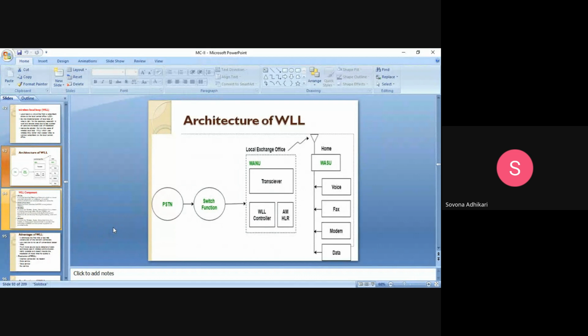So this connection from the home to the local exchange office is not wired. You see there is an arrow mark, and this is not wired. No physical copper wire is used for the connection. It uses a wireless connection. So this circuit which connects the home to the local exchange office is known as WLL.